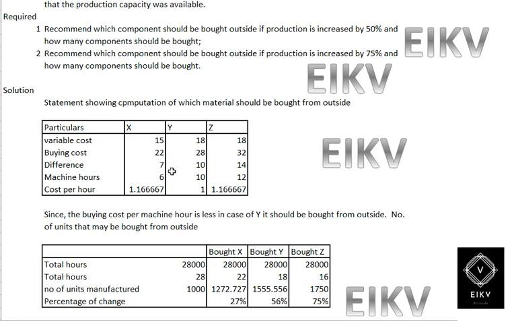The difference will be 7, 10, 14. The machine hours, already given in the question, are 6, 10 and 12. So when we divide the difference, that is the opportunity cost, by the machine hours, we get the cost per hour as 1.16, 1 and 1.16. Since the buying cost per machine hour is less in the case of Y, it should be bought from outside.